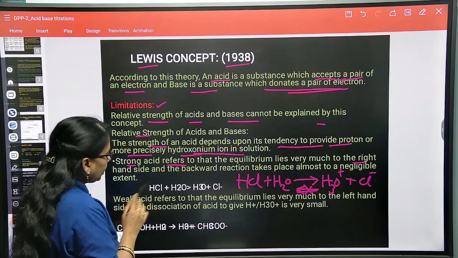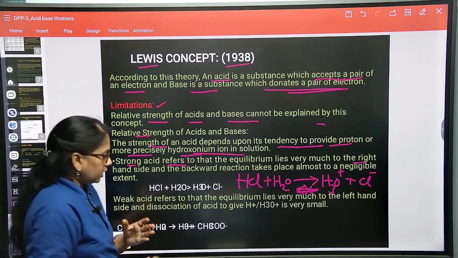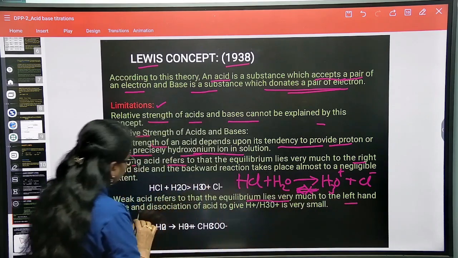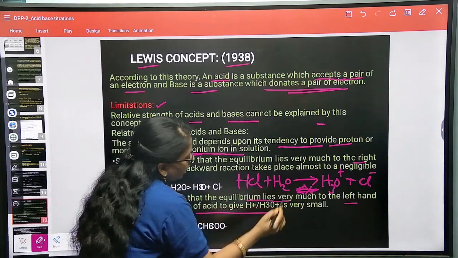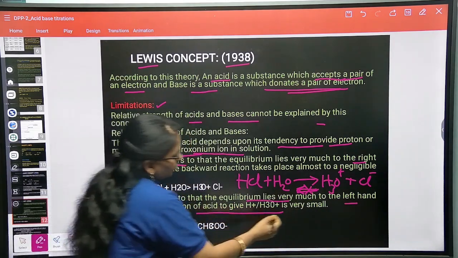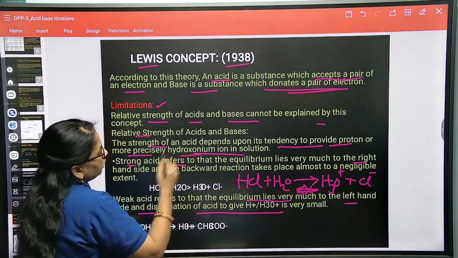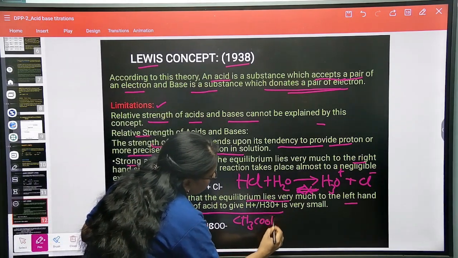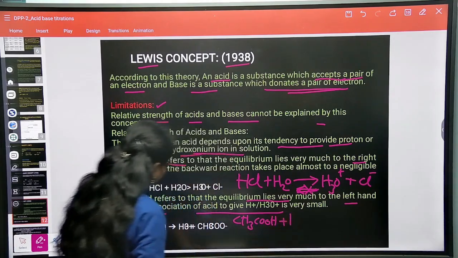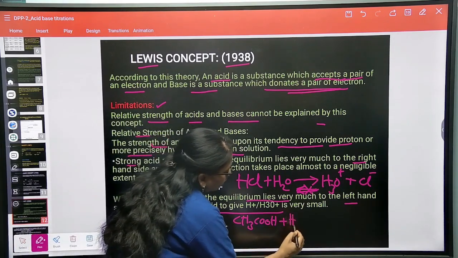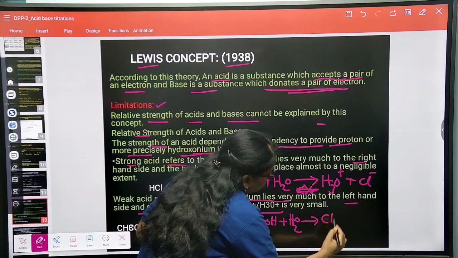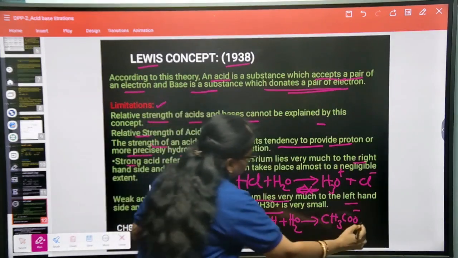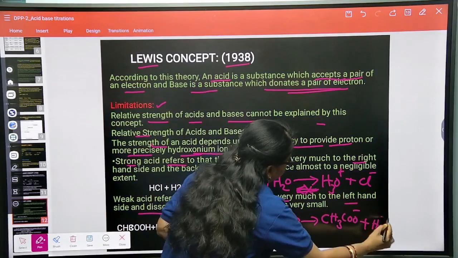And in the case of a weak acid, the equilibrium lies very much to the left-hand side and the dissociation of the acid to give H plus or H3O plus is very small. For example, with the weak acid CH3COOH, acetic acid, in water it produces CH3COO minus plus H3O plus hydronium ions.